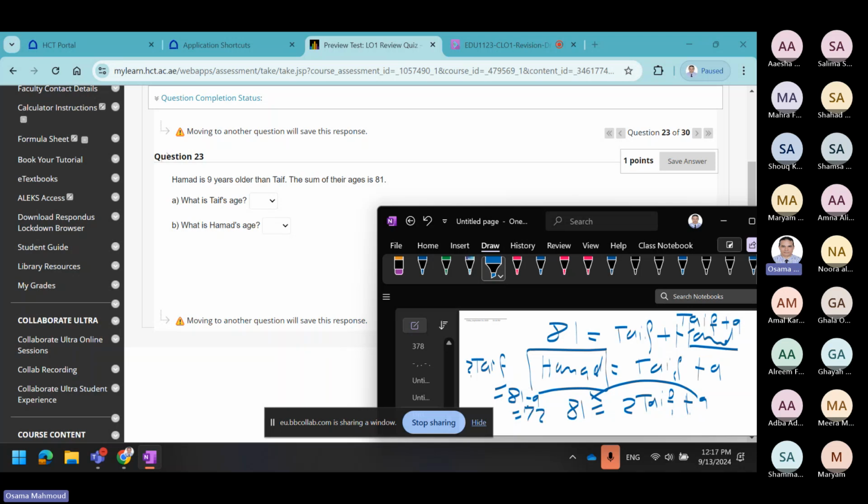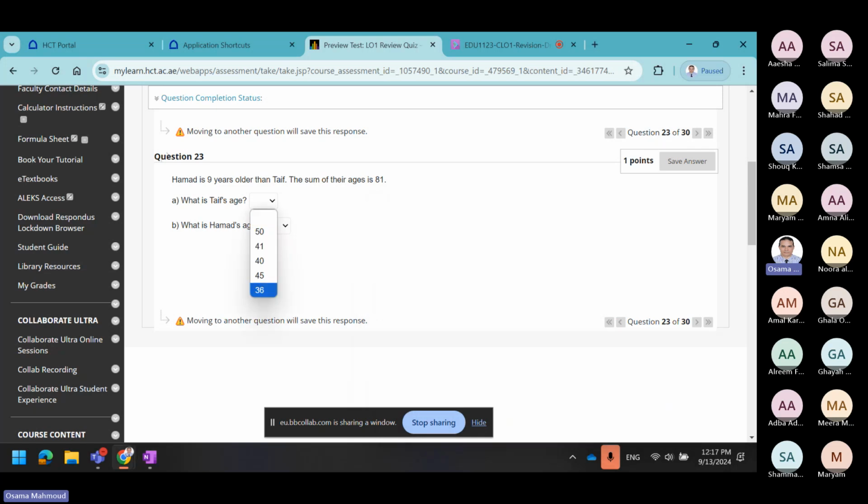Now I'm looking for Taif, so I divide it by 2. So Taif will be 36. Once I know Taif is 36, I add 9 to get Hamad, because Hamad is 9 years older. So if this is 36, this one will be 45, because Hamad is older than Taif by 9 years, right?